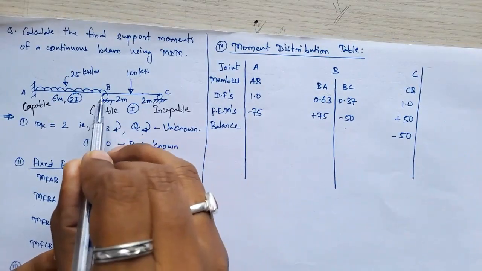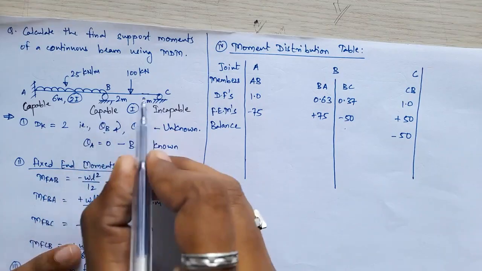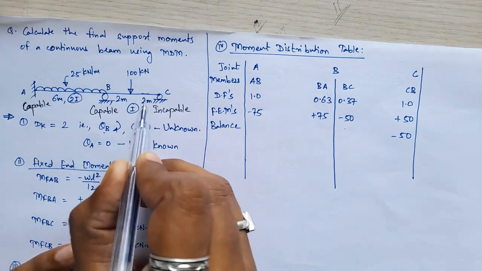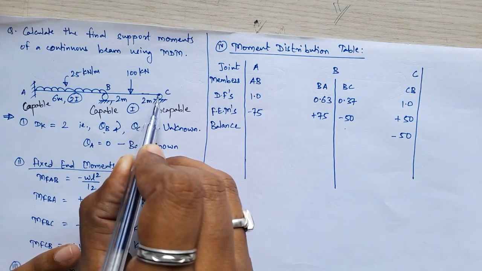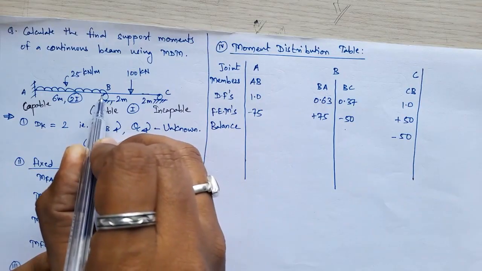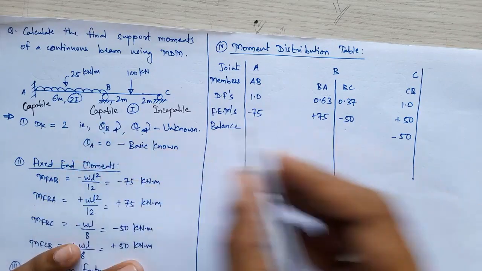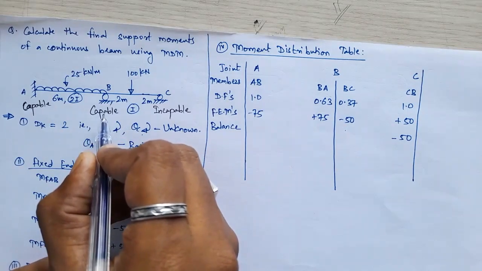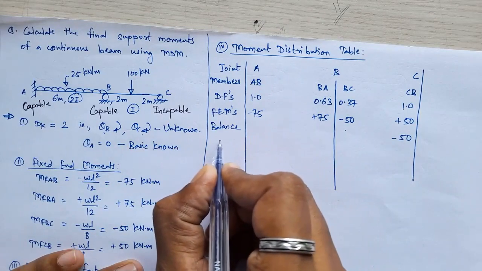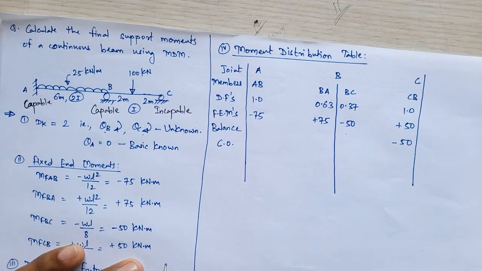Now out of this minus 50, what will happen? This CB member is joined to joint B also. That means here your carryover factor will come into effect. When transferring moment from C to B, joint B is a capable support, so carryover is possible. After the balancing, next comes the carryover.